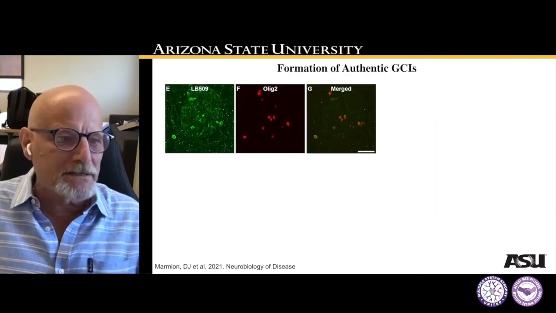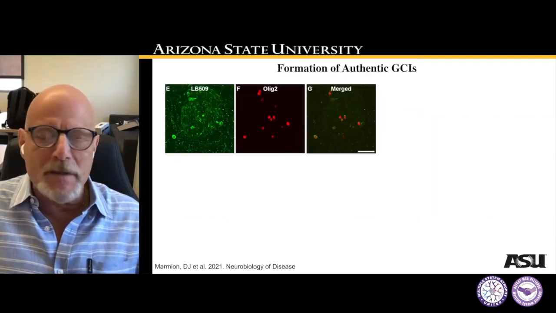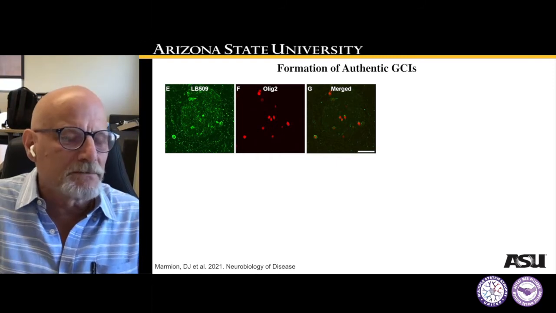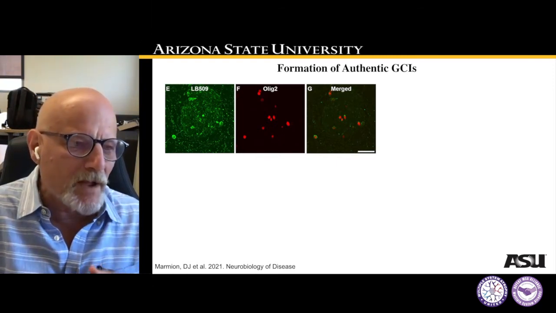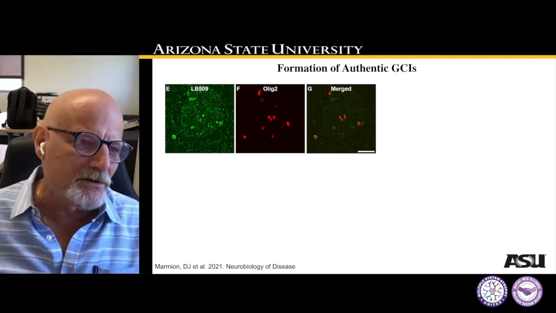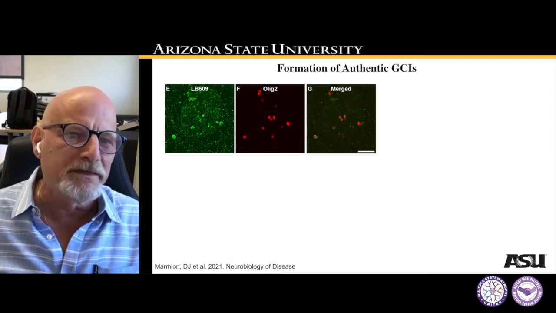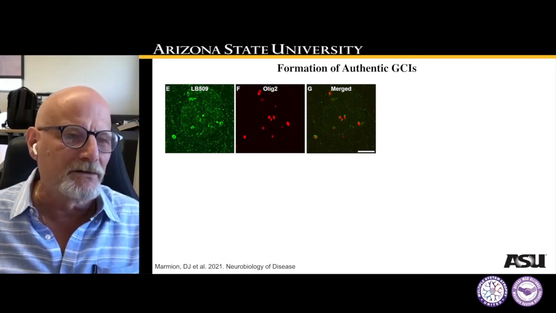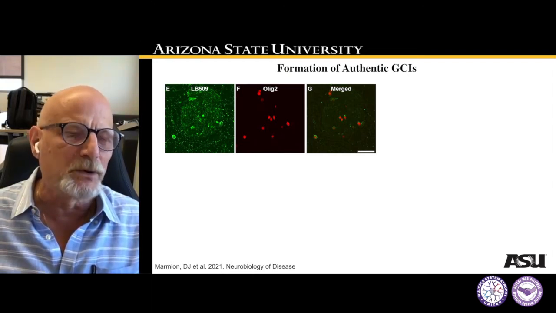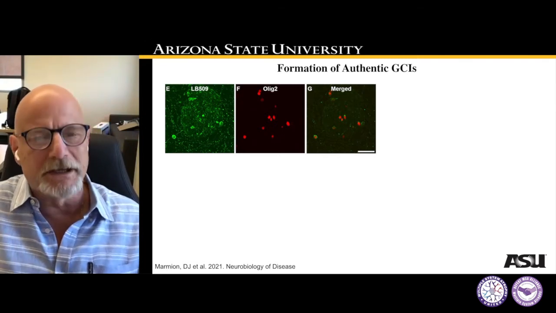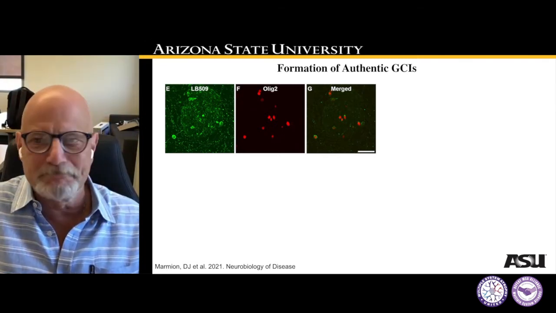And when you inject these cells with alpha-synuclein, and you can see here they're stained for LB509, and they double label with OLIG2, authentic GCIs are seen at least 5 months following the injection in rats.